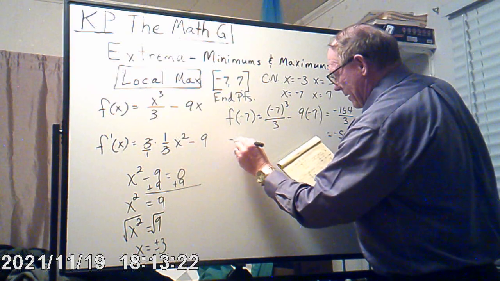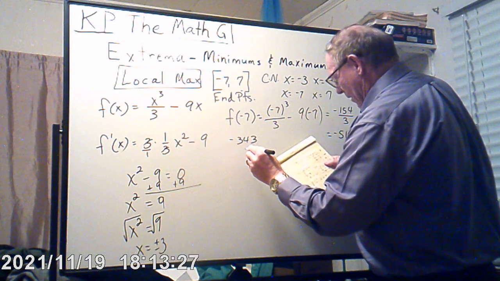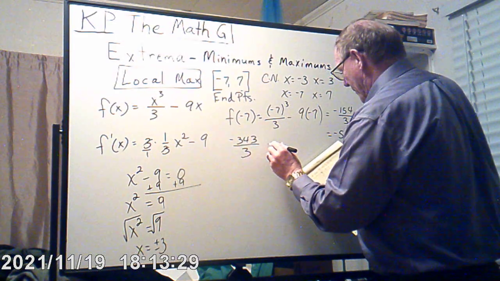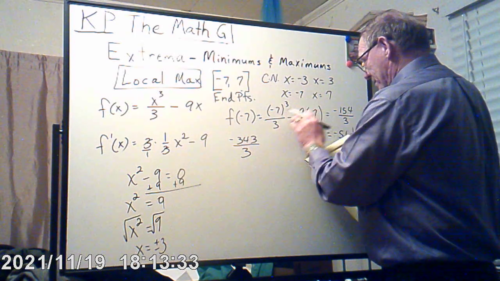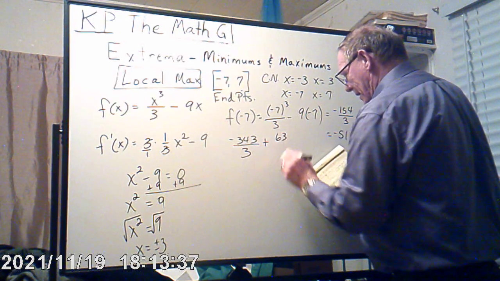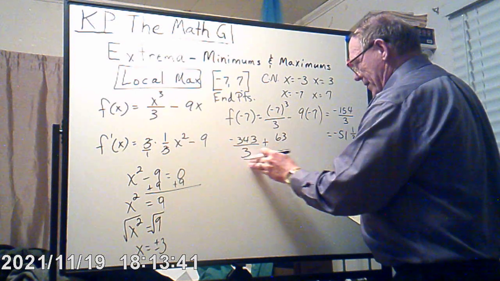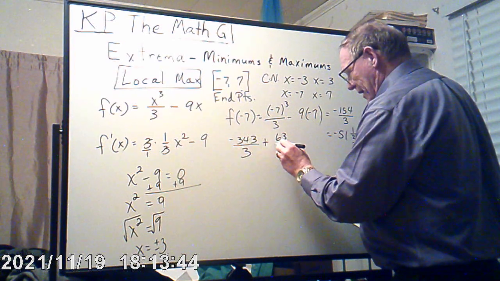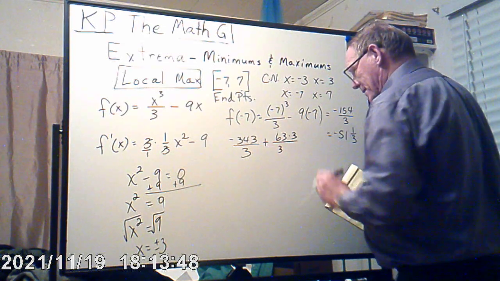Okay, so this will be a -343 over 3. This is already over 3. Plus a negative times a minus times a negative is positive 63. Now you want the same denominator. So since you have a 3 here, I'm going to introduce a 3 down here and multiply by 3 up here.